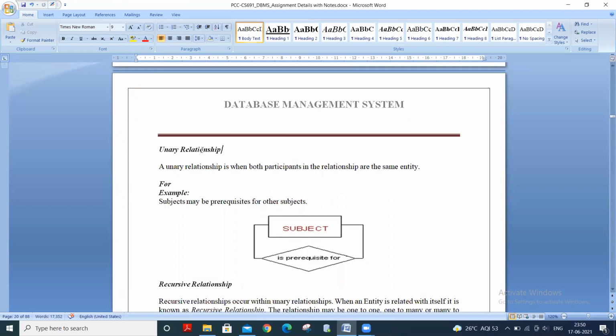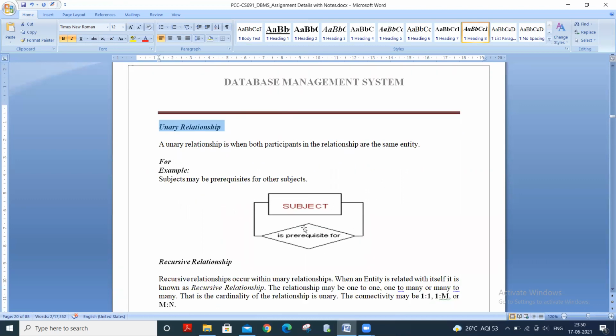Next type is unary relationship. A unary relationship is when both participants in the relationship are the same entity. Okay. It is one type of example that subject is prerequisite for subject. Another example can be that a person marries.